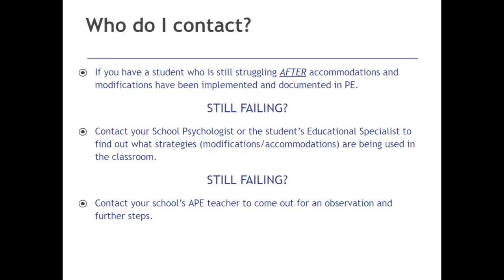And if those continue to not work and the child is still failing, you can always contact your school's APE teacher. If your school doesn't have an APE teacher, you can contact the district's APE lead, and then they should be able to help direct you to someone to give you some more support that way, with possibly an observation or further steps that may be needed.